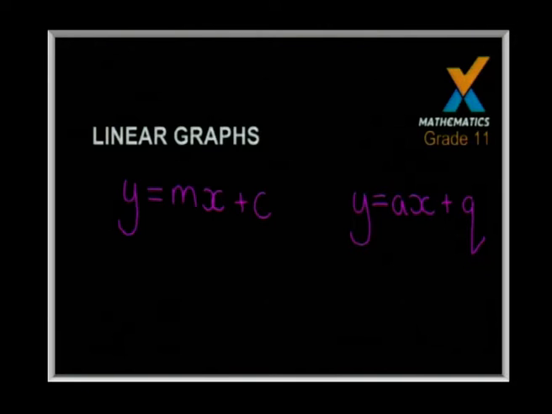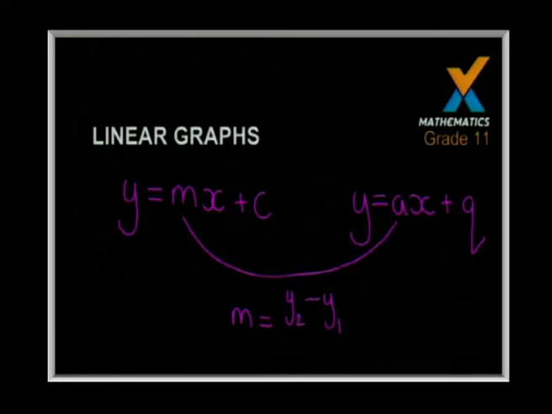Now the gradient is still calculated in exactly the same way, which is m = (y2 - y1) over (x2 - x1), where y2 means the y value from your second coordinate.